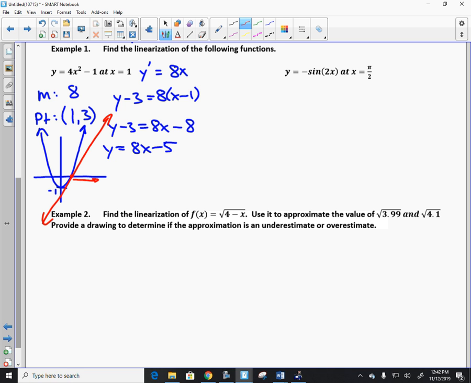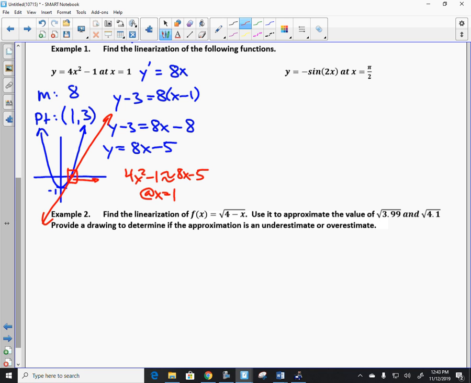But when you are close to 1, 4x squared minus 1 is approximately the same as 8x minus 5. Those are very, very similar within this small window at x is equal to 1. So if we would move 100th to the right or 100th to the left, these are pretty good approximations for each other. However, if you were to move, say, 10 to the right or 10 to the left, they would not be very good approximations of each other. And you're going to see how that plays out here in just a second.